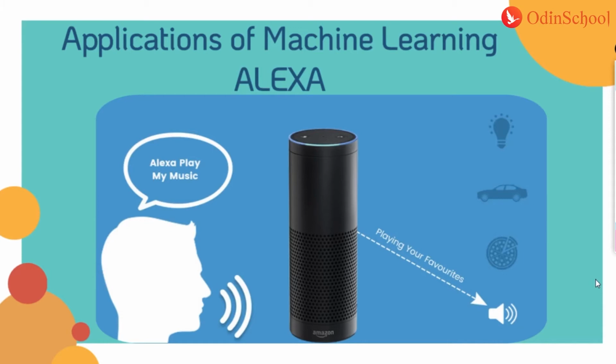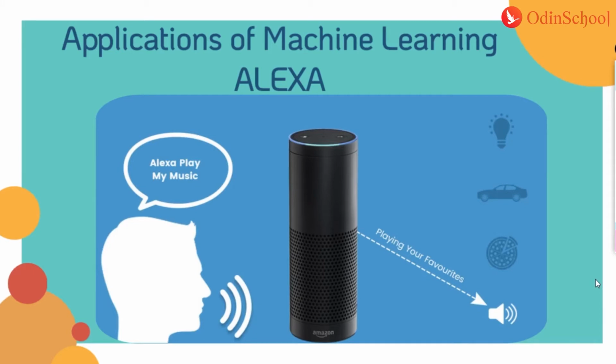So how is this happening? You are just asking a tool, a physical piece, to tell you something, and you see Alexa is giving you answers correctly. So what is happening at the back end? Definitely machine learning is there, trying to decode what you are asking, and based on that it gives you the answer which best suits you.